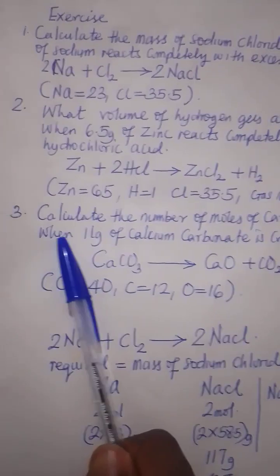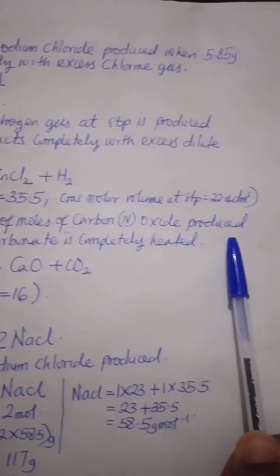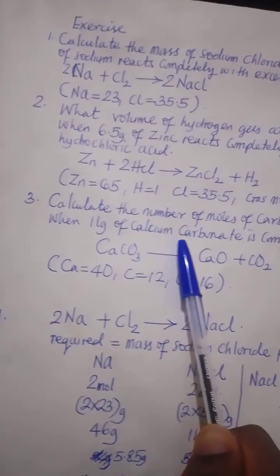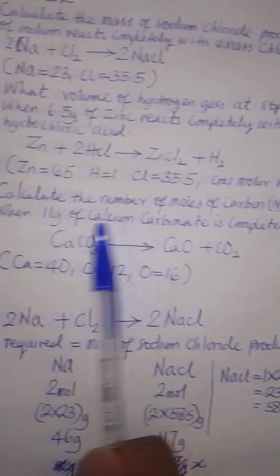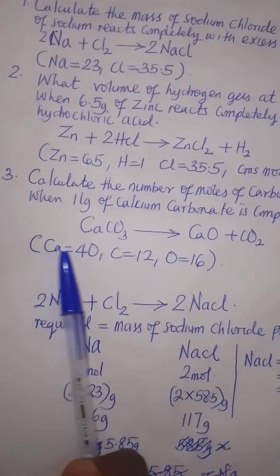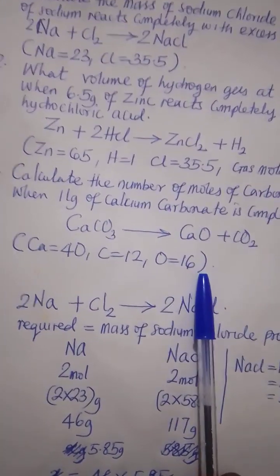Number three, calculate the number of moles of carbon dioxide produced when 11 grams of calcium carbonate is completely heated. We're given the equation of reaction and the atomic masses of the elements involved.